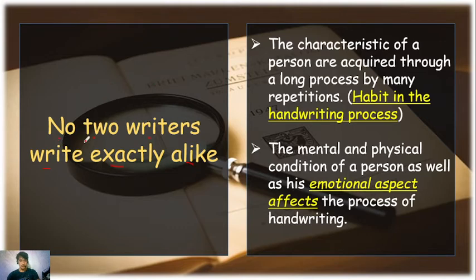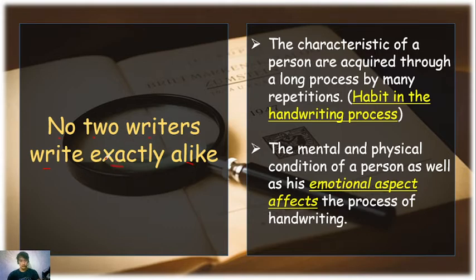That is one principle of handwriting. Your handwriting is also unique. That's why we are able to identify who is the real author of an unknown book or unknown letter through examining the characteristics of the handwriting.